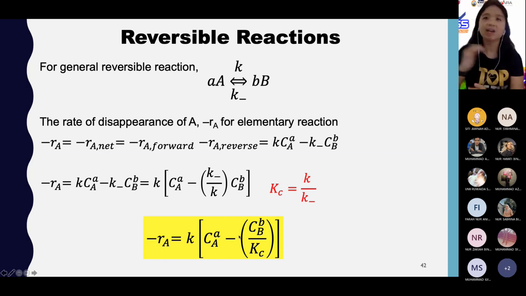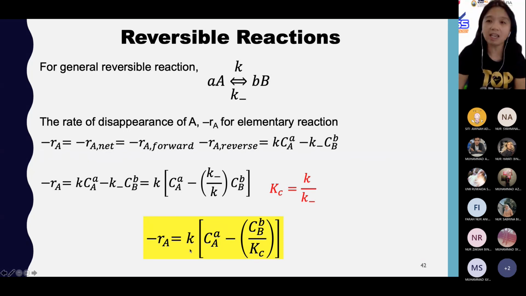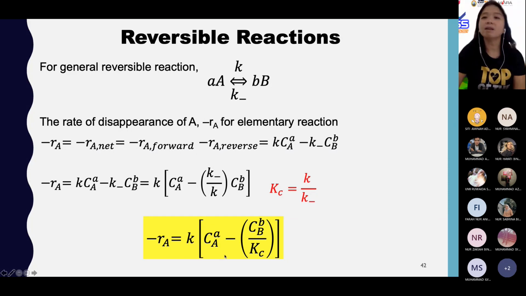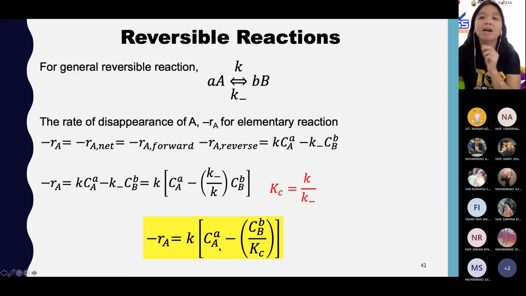The rule says that if it is elementary, it will be equal to minus rA, still the same rate law, right? But now the rate law becomes equal to k, the reaction rate constant that you have always learned, times, in brackets, first the concentration of your reactants, all of your reactants. In this example, I have one reactant A and one product B. So the front part of the equation is only the concentration of A to the power alpha, where alpha is the stoichiometric coefficient of A in your chemical reaction.